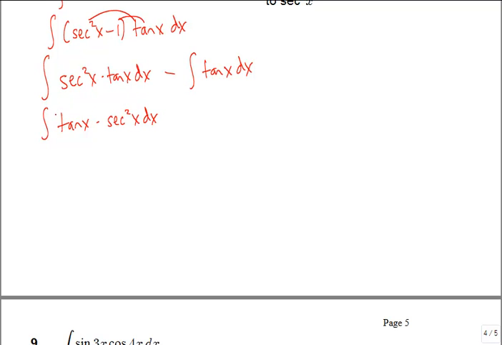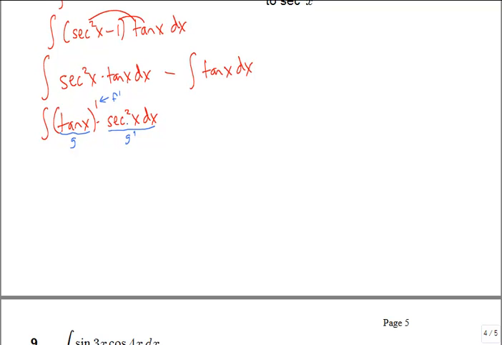But if it makes it more obvious, I'm going to raise this tangent of x to the first power, because this is pattern recognition, where that first power is your outer function f prime, your g is the tangent, and the derivative of tangent is secant squared, so that makes this your g prime. So this does have all the right pieces.